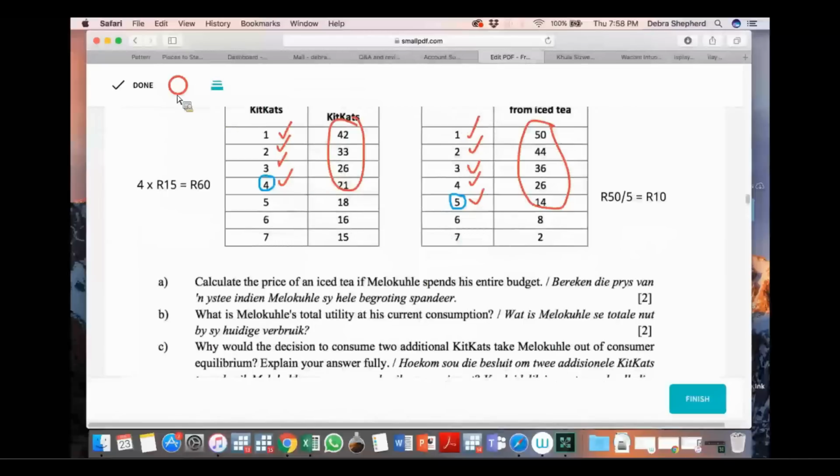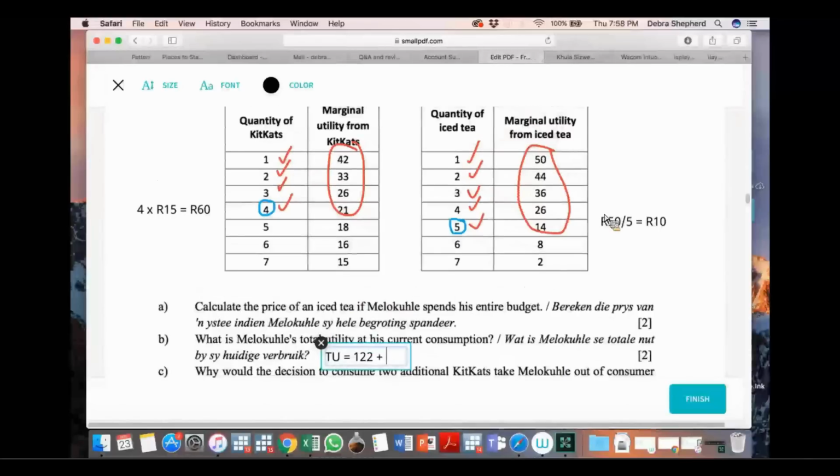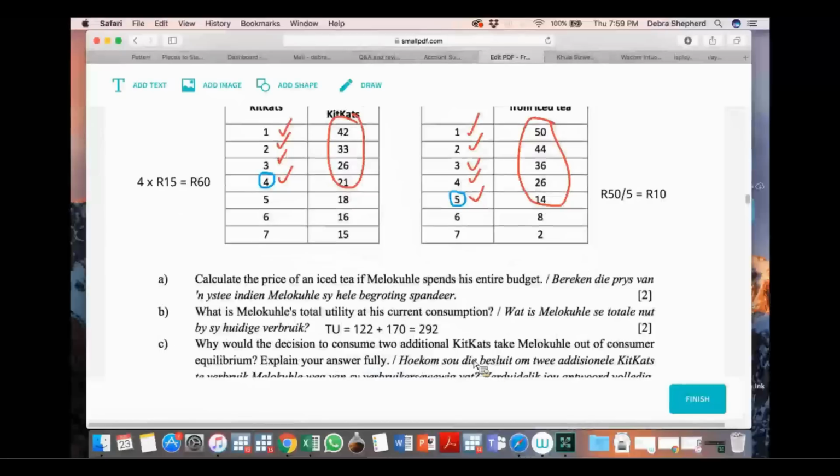So his total utility is 122 for Kit Kats. For iced tea, he's getting 94, 130, 170. So his total utility from all consumption is 292 units of utility.